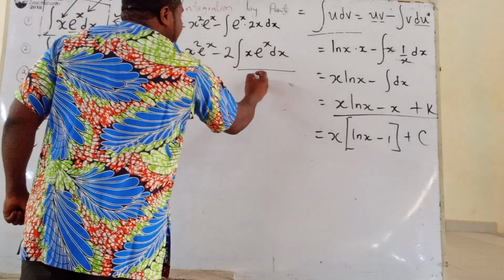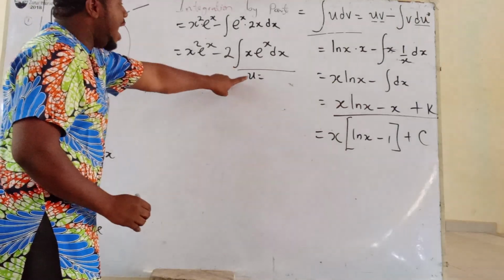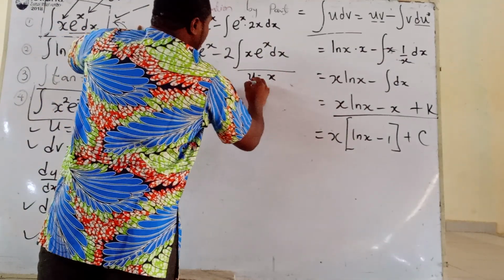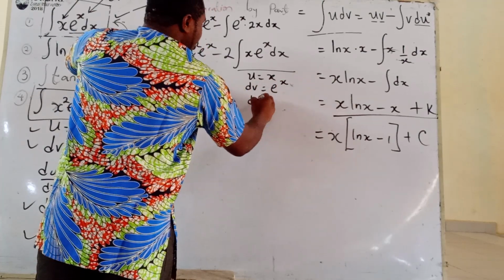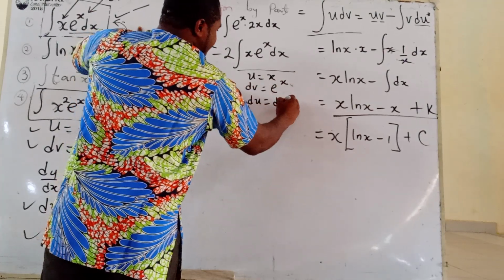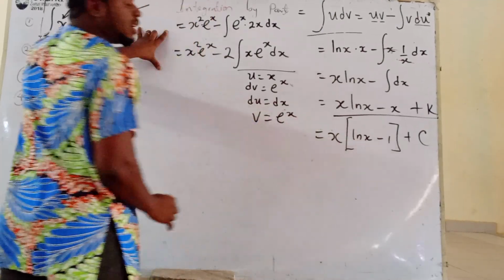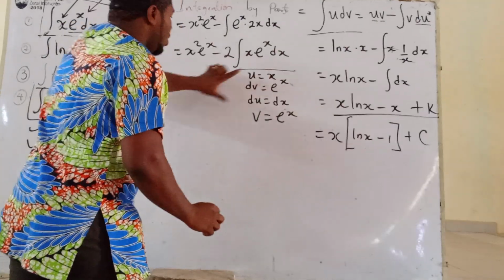So if I integrate here, my u is going to be what? It's going to be x. The dv is what? Exponential x dx. Then du is going to be dx. Then v is still going to be what? Exponential x. You see how simple it is? Just to integrate here.